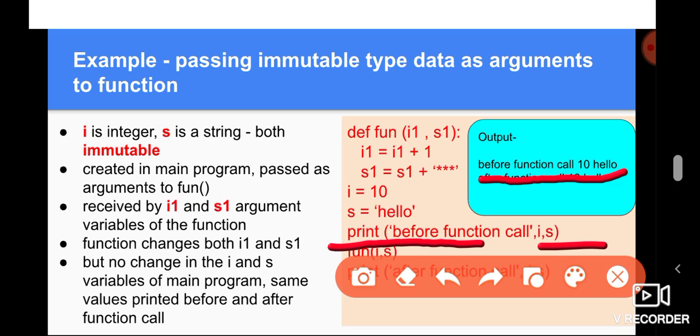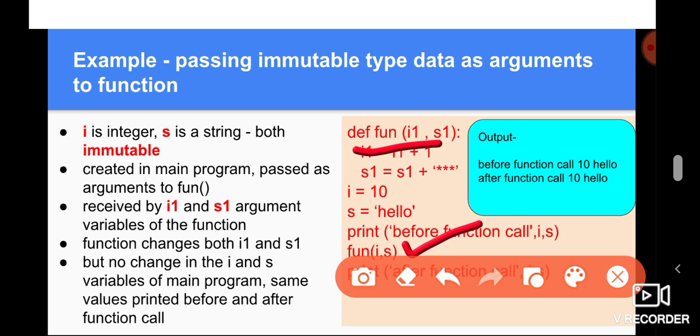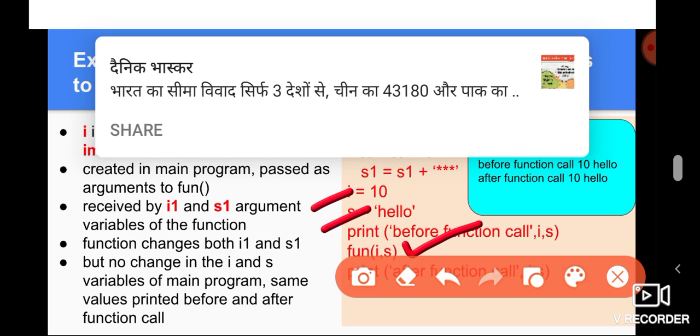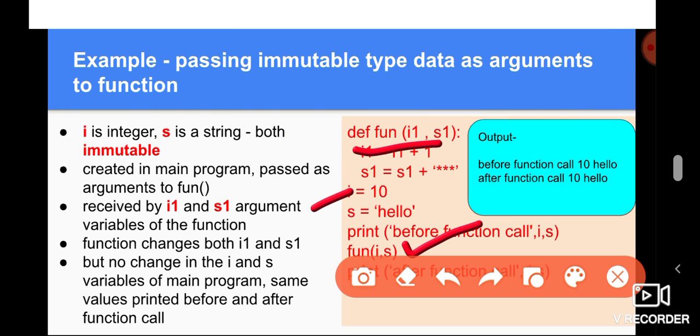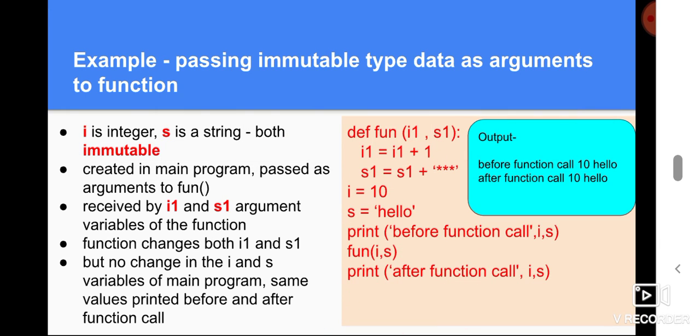After this we call this function fun. The name of the function is just fun. We call this function and pass these two arguments I and s into it. Now after this we again print the values, print after function call I and s. By this we want to know what effect the function has left on these two variables.